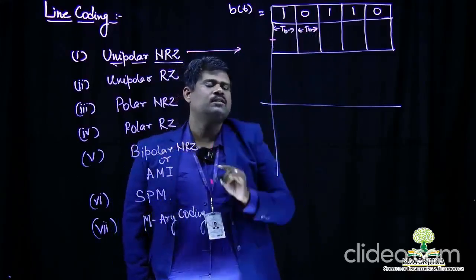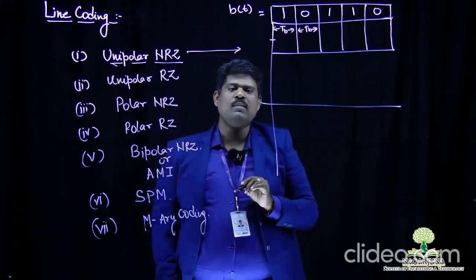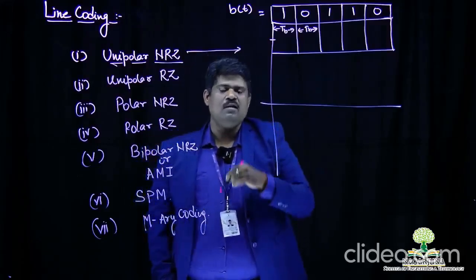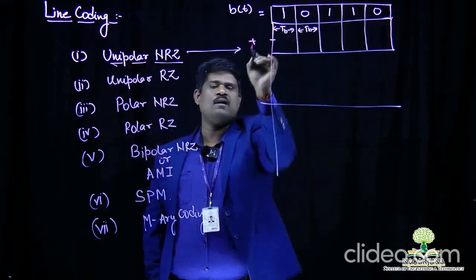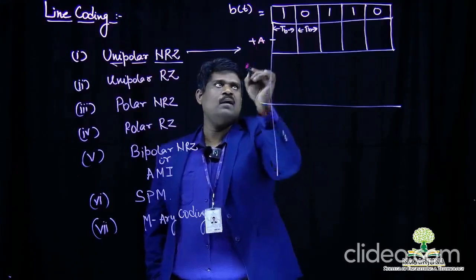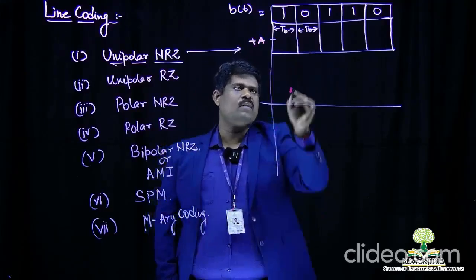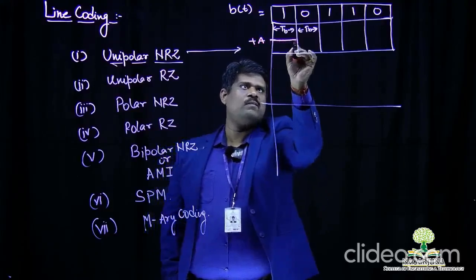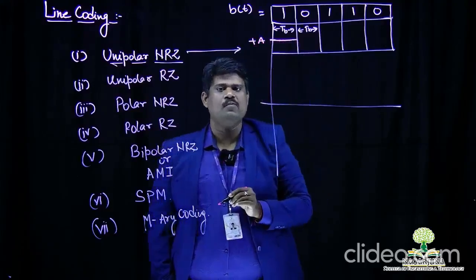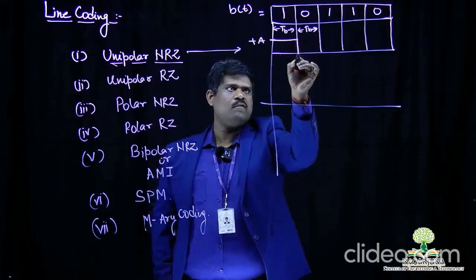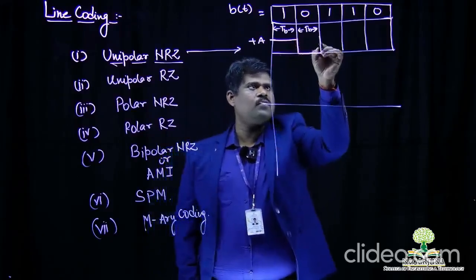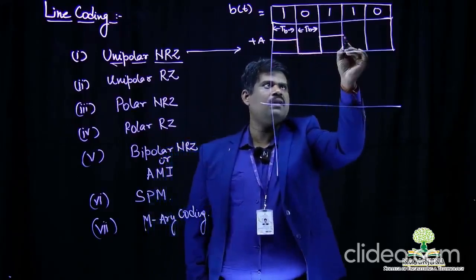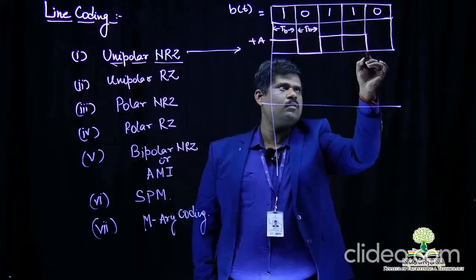Unipolar means you have only one polarity, either positive or negative. Generally we take the positive polarity. For symbol 1 we represent it by +A, and for 0 we represent it by 0. So the waveform will be like this. Again when 1 comes, it is +A, again 1 continues, and for 0 it will be 0.